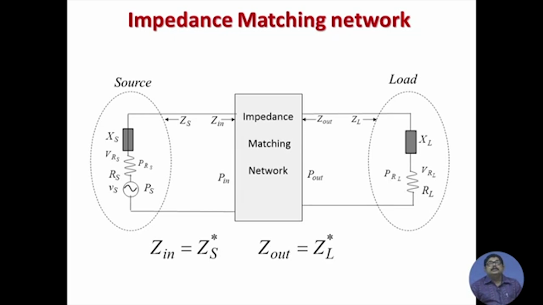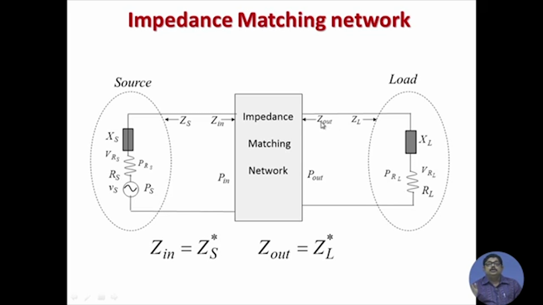You see that in the impedance matching network there is an input impedance here. Similarly, there is an output admittance of the impedance matching network.